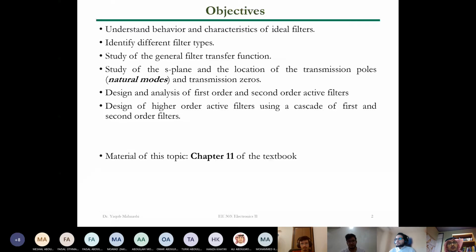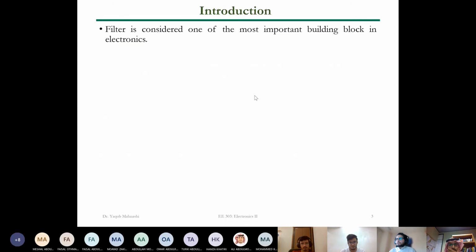If you know how to find the first order and the second order, you can cascade them to give you 3rd order, you can cascade them to give you 5th order, and so on. So we are dealing with the first and second order as building blocks. Of course, the material of this topic is from chapter 11 of the textbook.